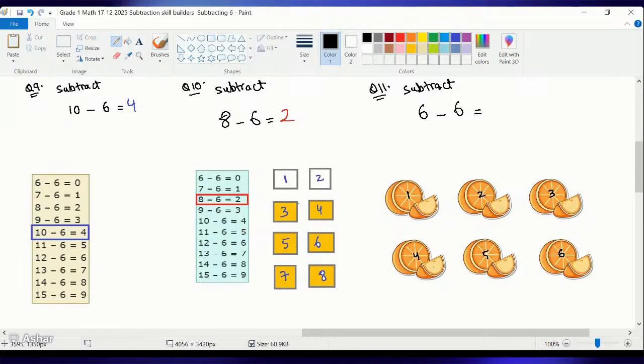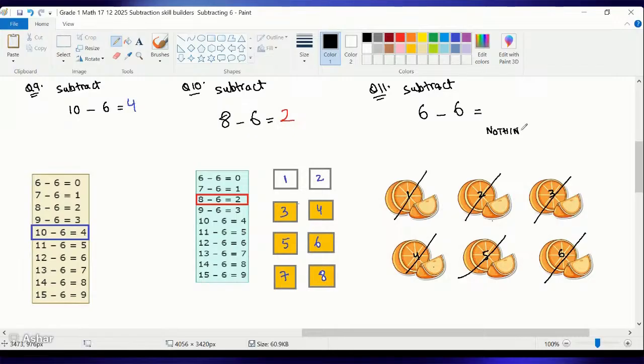We can say cheese or we can say orange. So if we had 6 of these and we ate all of them, 1, 2, 3, 4, 5, and 6, that means we are left with nothing, right? We are left with nothing.